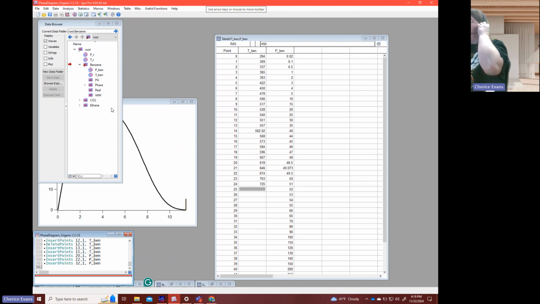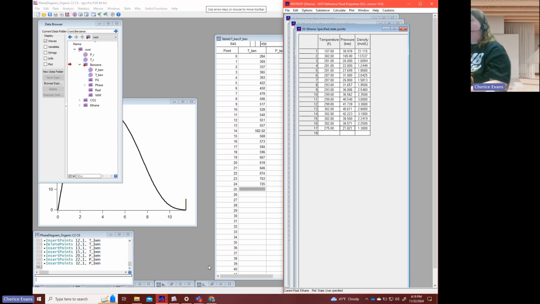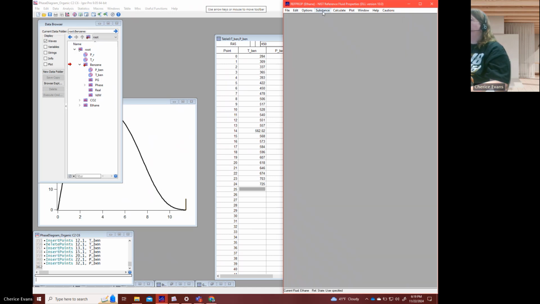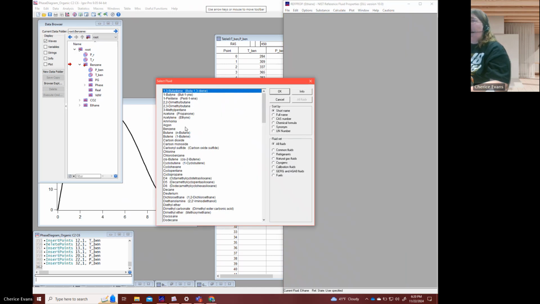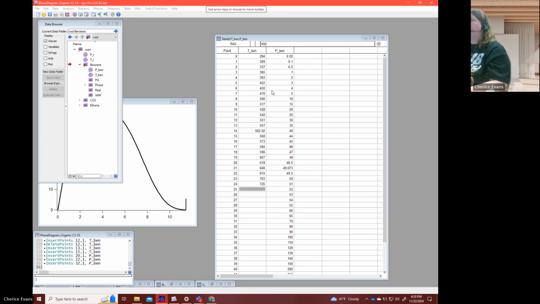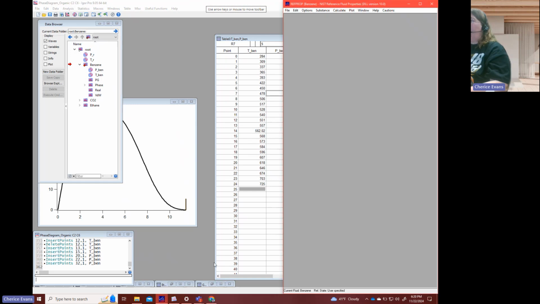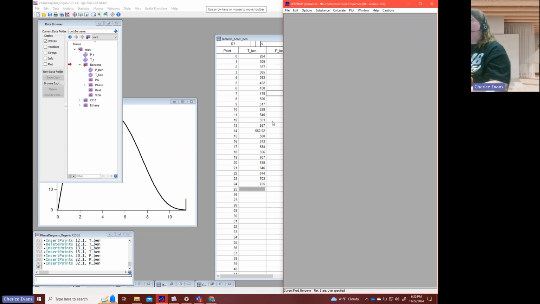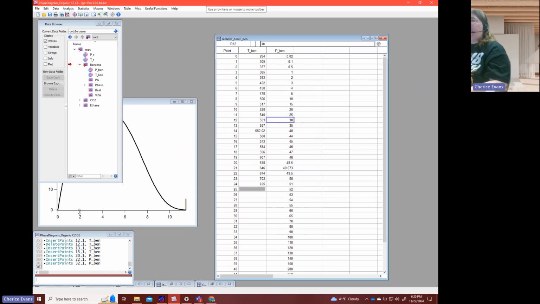Now, when I load this into Refprop, because I've got pressure first, I'm going to first of all set up my Refprop so that the order matches the order that my table is going to be in Igor. So pressure and then temperature.